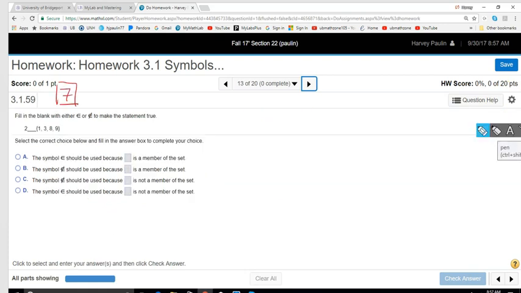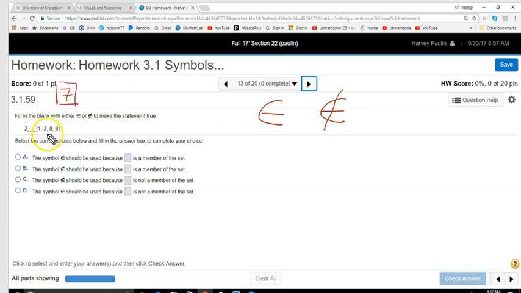So in number 7, we're looking at this symbol and then this symbol. This is an element of the set. This is not an element of the set. So take a look.